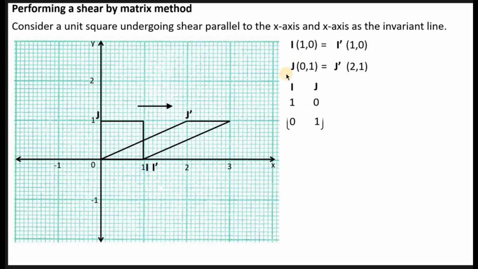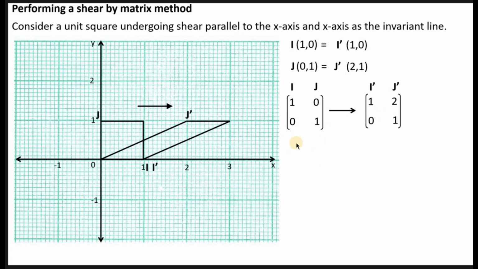All right, so we put them like that. Then we also put the image points into a matrix form: the image point I has (1, 0), and the J image point has (2, 1).